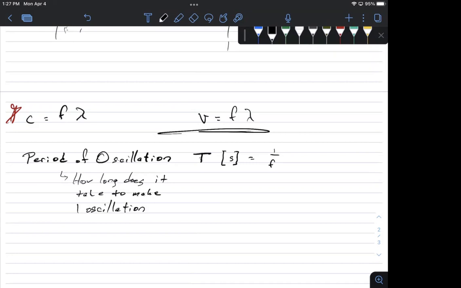What else is there? Well, it turns out that a lot of times when we mathematically predict what's going to happen with waves, for instance, let's say I want to know something about ocean waves, and I want to predict where the highest point of a wave will be in 2 hours.